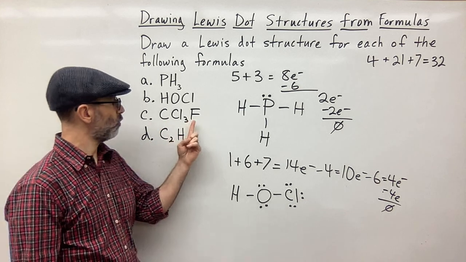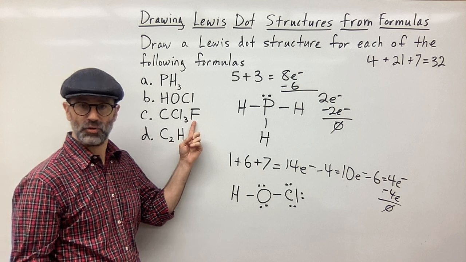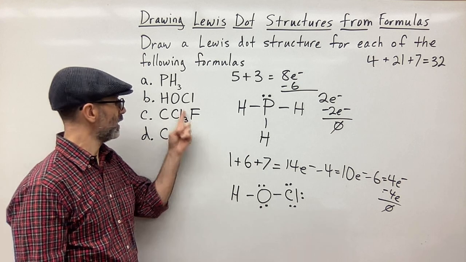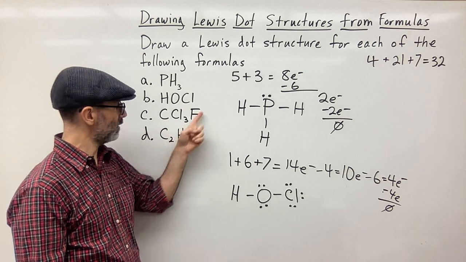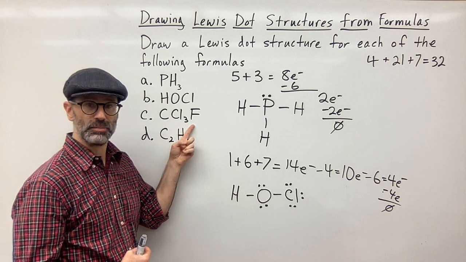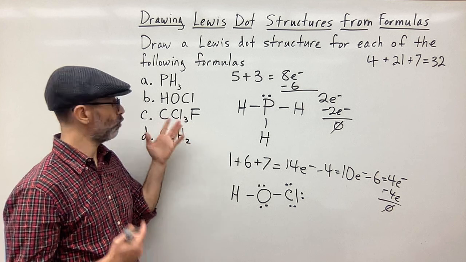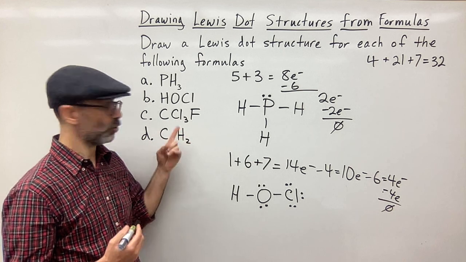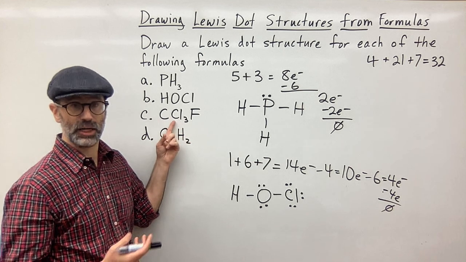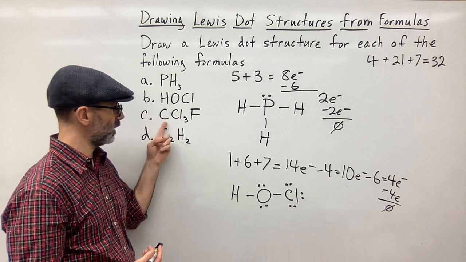Also, fluorine is not going to be the central atom because it only bonds once, and chlorine is a halide. Halides have a tendency of not being central atoms. Although it's not unheard of, chlorine might be a central atom in some molecules, but in this one, most likely it's going to be the carbon.